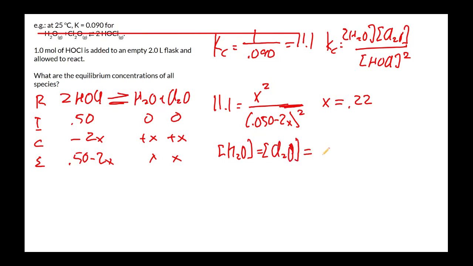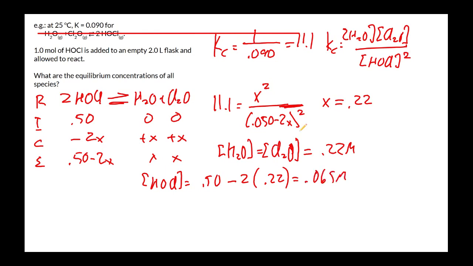That's just going to be x, and that's 0.22 molar. The concentration of HOCl, well, that's going to be 0.50 minus 2 times whatever x was, which was 0.22, we found out. And this works out to 0.065 moles per liter.